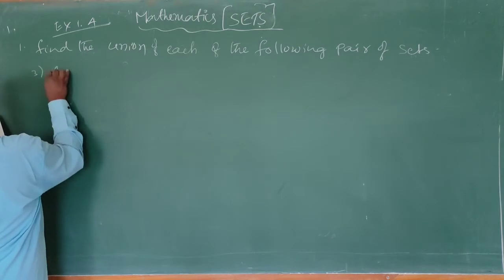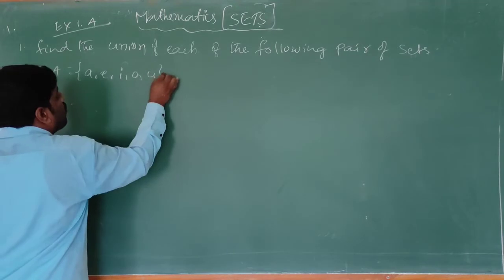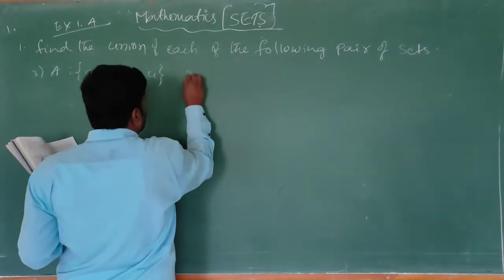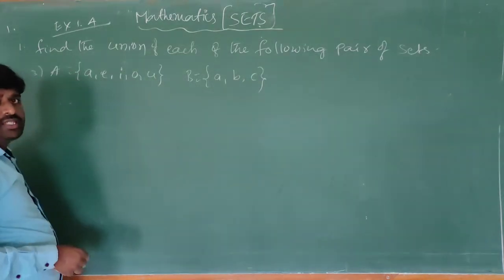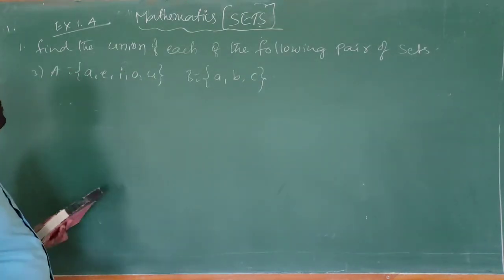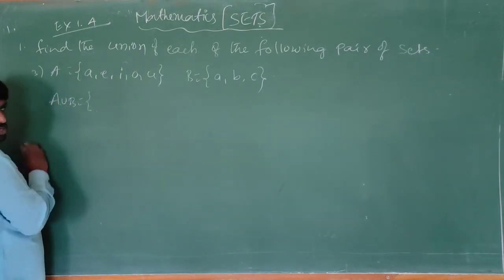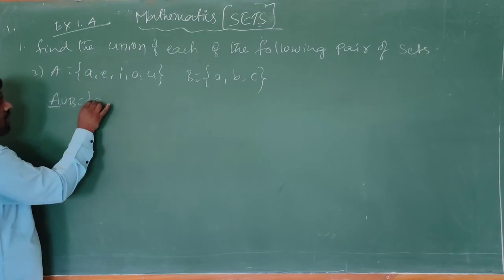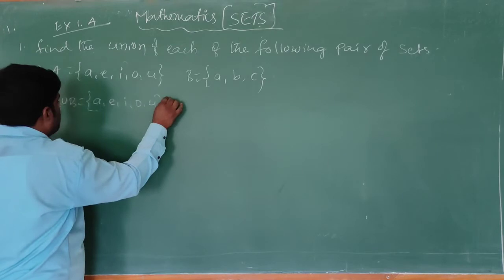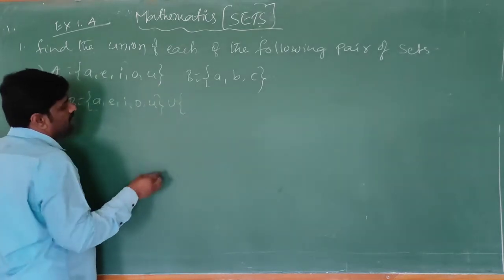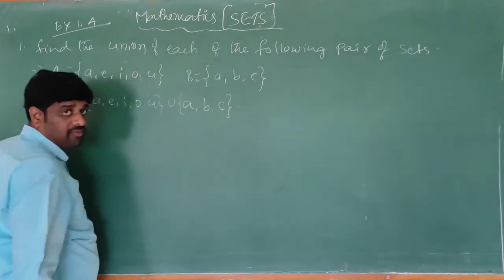Next question. Third one, A is equal to {a, e, i, o, u}, B is equal to {a, b, c}. See children, we want to find the union. A union B is equal to {a, e, i, o, u} union {a, b, c}.